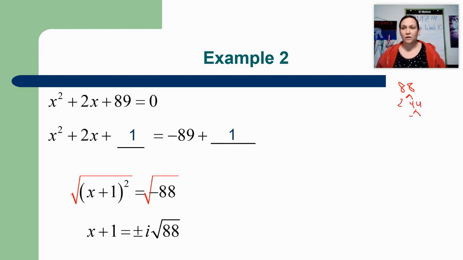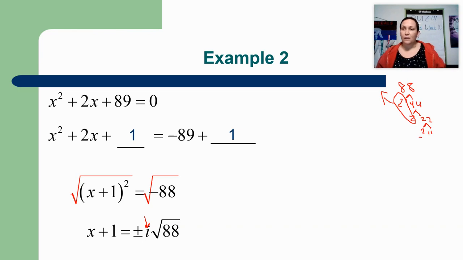And again, I like to always just divide by 2 because it makes a nice long list of the number 2, which I can then very easily find my pairs. All right, so the square root of 88 looks like it's going to get a 2 on the outside. And we talked about this during class. You're going to put that in front of the letter i, but after the plus or minus sign.